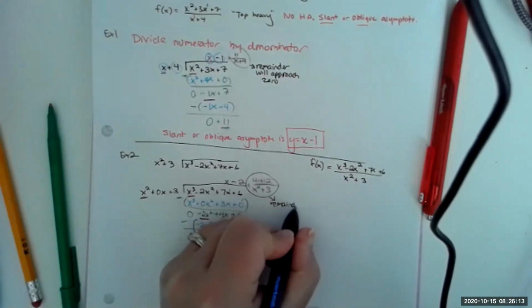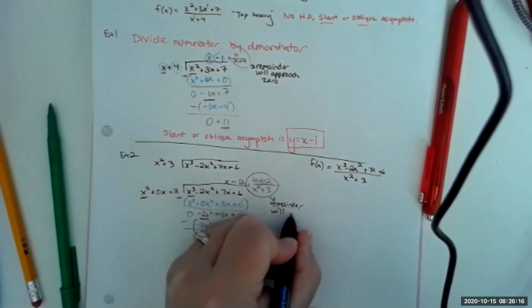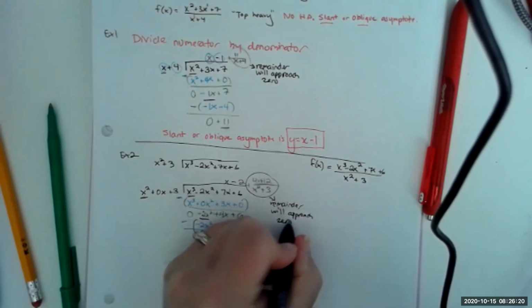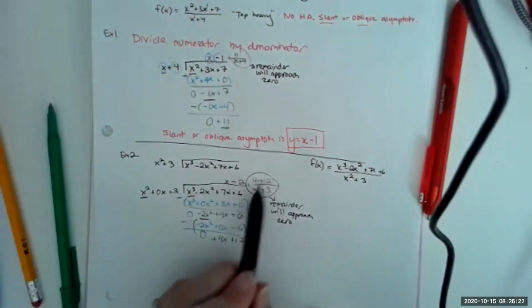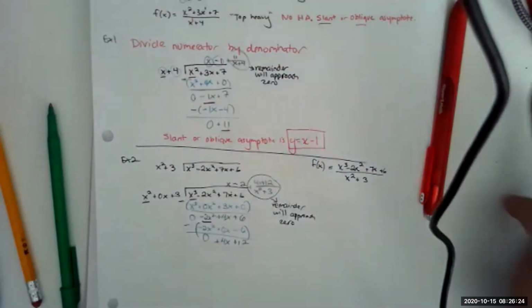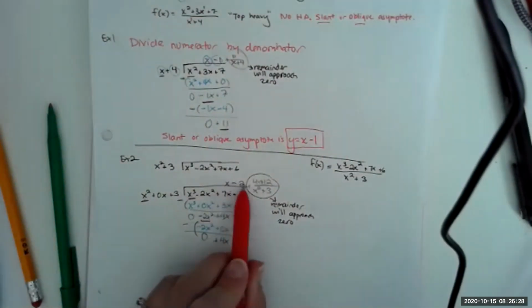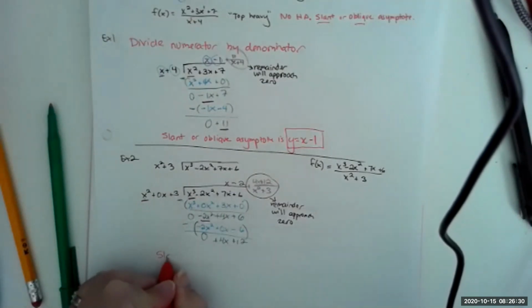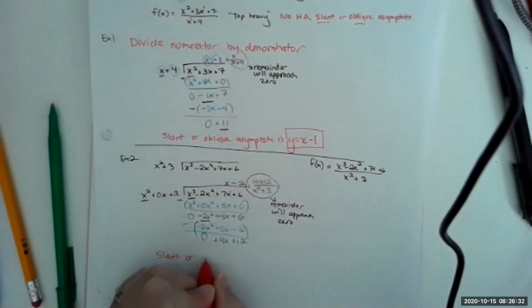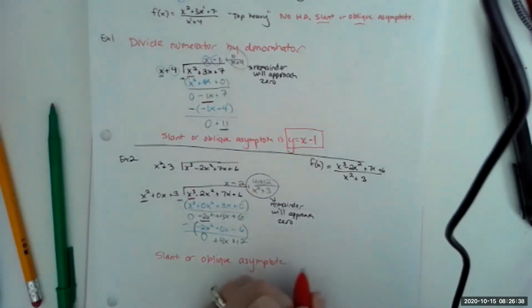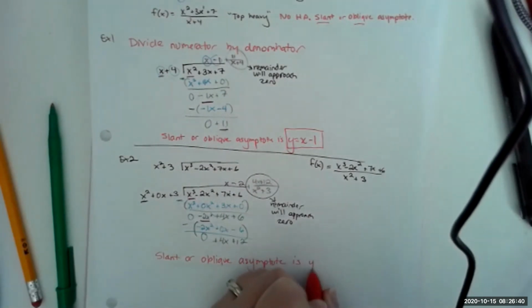You don't have to write that on your work, but I just want to show you why we're doing this, because the remainder will approach 0. So what that means is that I can stop here. My slant or oblique asymptote is y equals x minus 2.